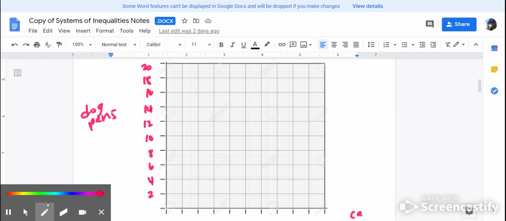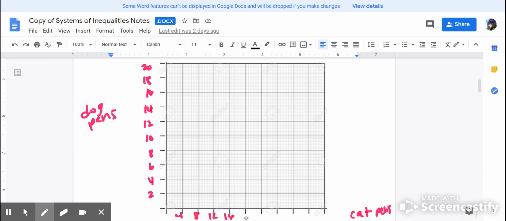And then my x was cat pens, and they said to scale that by 4. So 4, 8, 12, 16, 20, 24, 28, 32, 36, and 40.